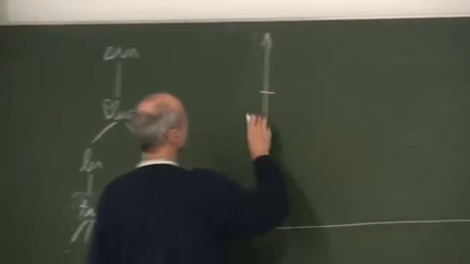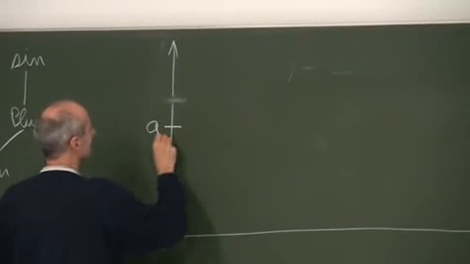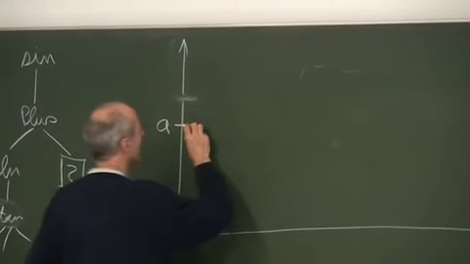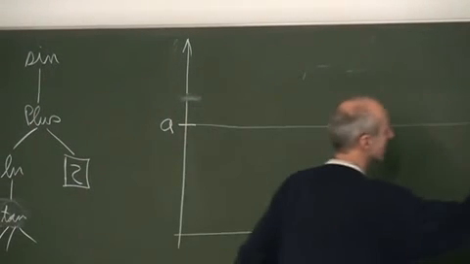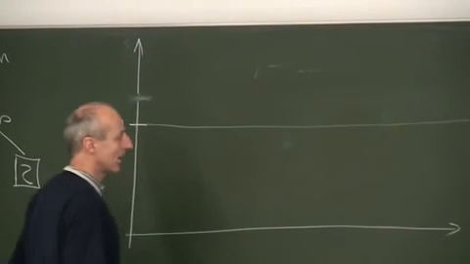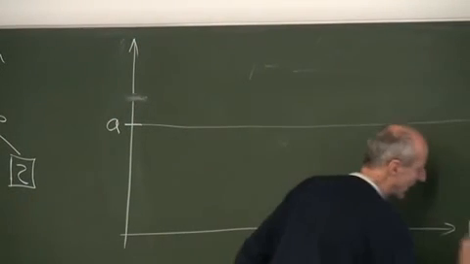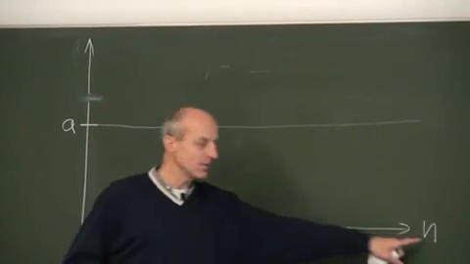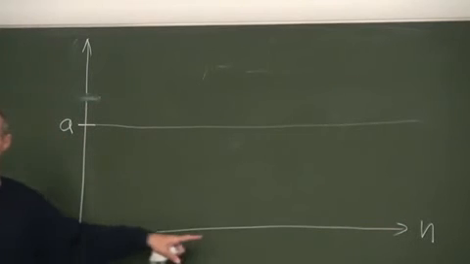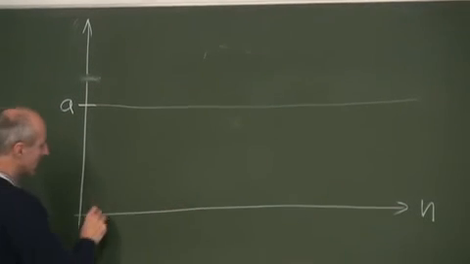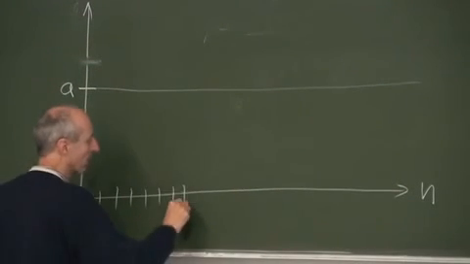Okay, so we have this, let's put it here, A. And now to the right we draw n. And n is the integer index of our sequence, so we only have these discrete points.